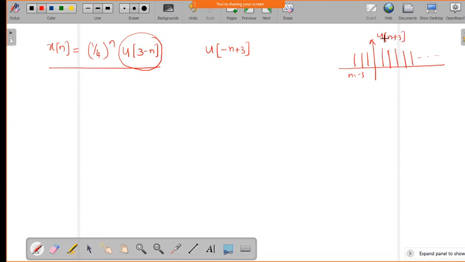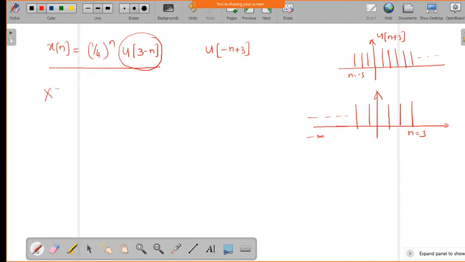Now invert this one. If you get the reflection of this, up to n equal to 3 you will get. Then your signal will continue from minus infinity to n equal to plus 3. So this is u(3 minus n).